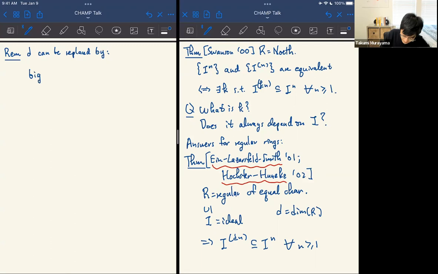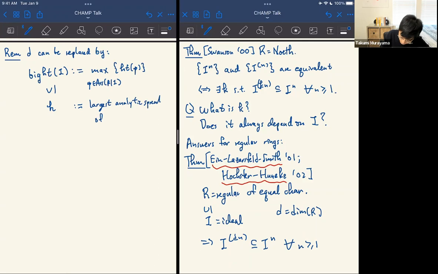So you can replace d with what's called the big height of I. So this is the maximum height of an associated prime of I. Or you can even choose it to be what I'll call h in the rest of the talk, which is the largest analytic spread of the localizations of I at the associated primes of I. But if you don't know what these are, it's okay, because you can always just take the dimension.